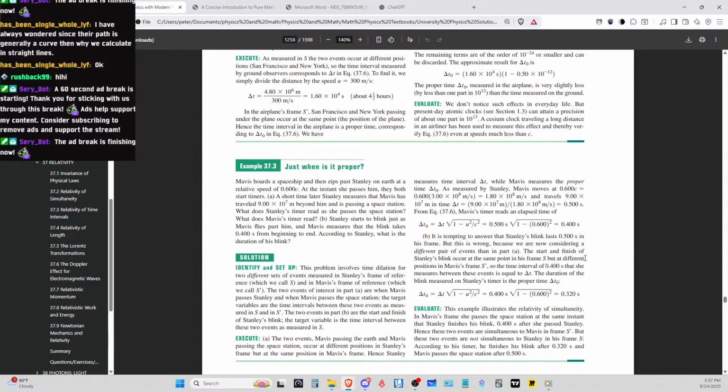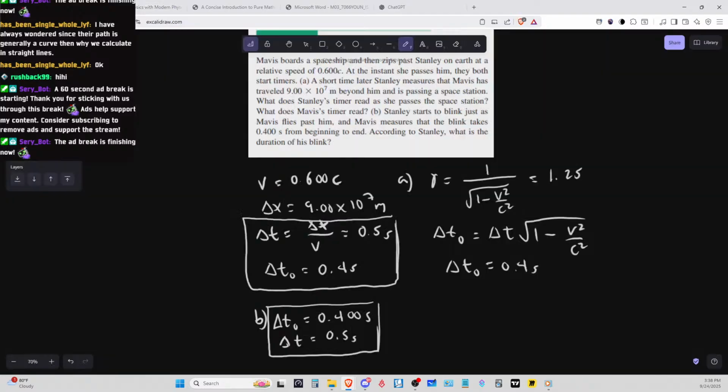Let's see, the start and finish of Stanley's blink occurs at the same point in his frame of reference, but at different positions in Mavis's perspective. So the interval that she measures between the events equals the time difference. Oh, okay, so these time parameters are based on who's who.